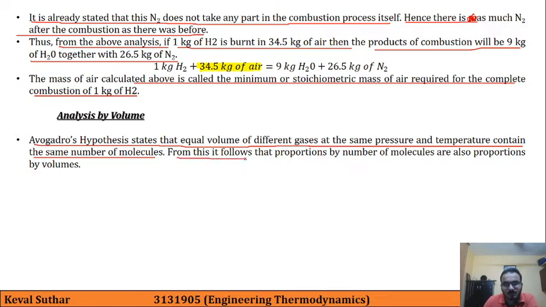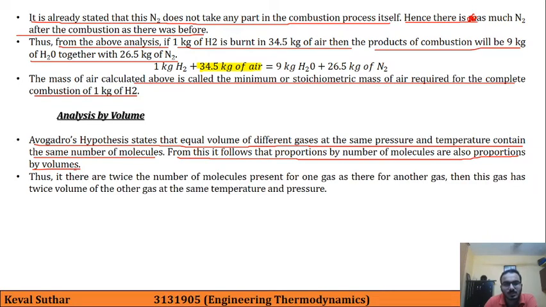From this, it follows that any proportions by number of molecules are also proportions by volumes. So let's say that if there are twice the number of molecules present for combustion of one gas as there are of another gas, then this gas has twice the volume of the other gas at the same pressure and temperature.